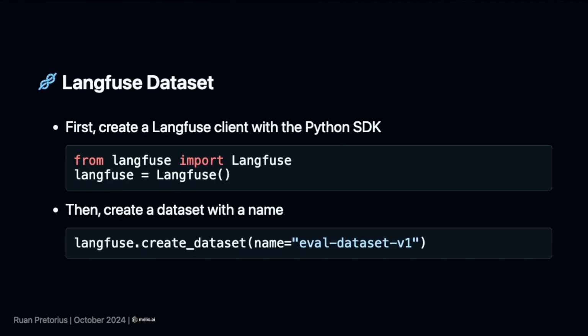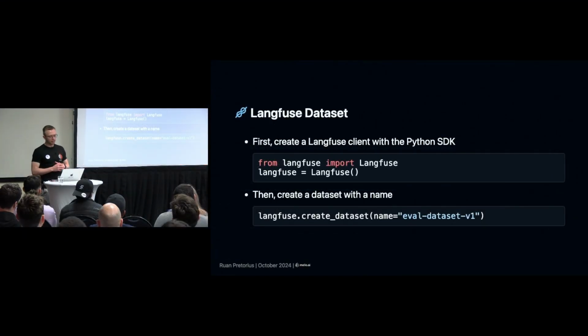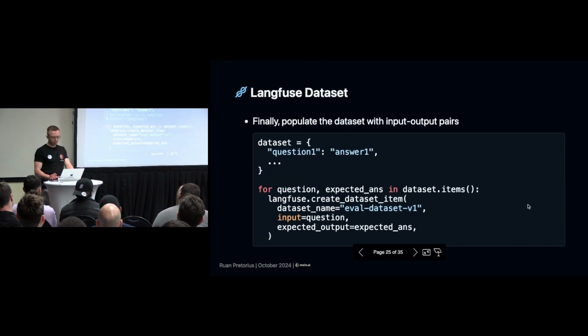So to create a dataset in Langfuse, you can instantiate a Langfuse client like this, just simply import and instantiate it, and then it gives you access to a couple of useful methods like create dataset, where you create a named dataset. Once it's created, you need to populate it with the set of input-output pairs that you want to use to evaluate your app.